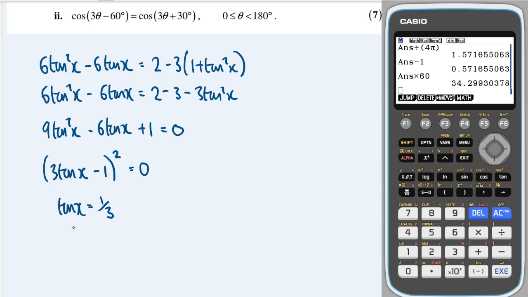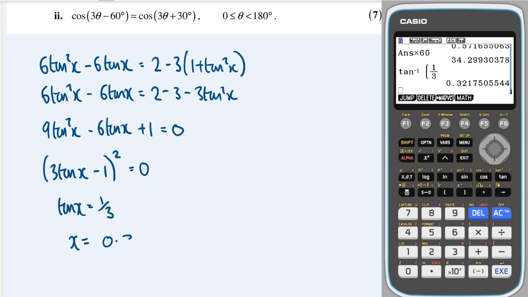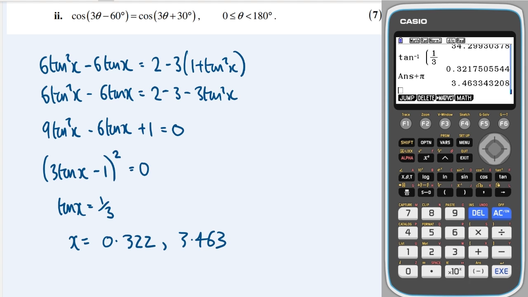And that means that x is equal to tan to the minus 1 of 1/3, which is 0.322, and then the second solution for tan is plus pi, which is 3.463. Okay, great. That's that part done.